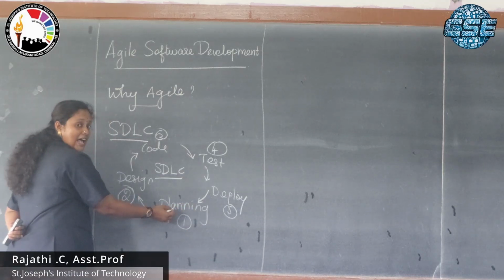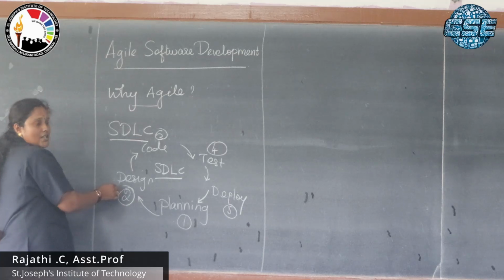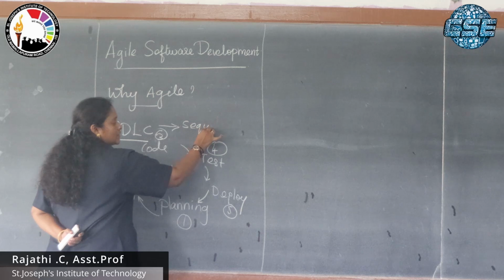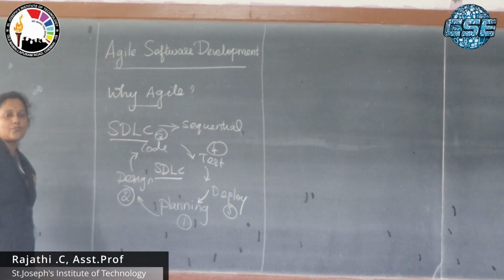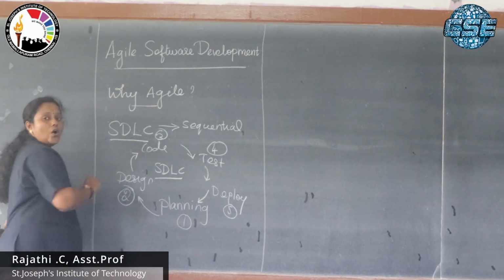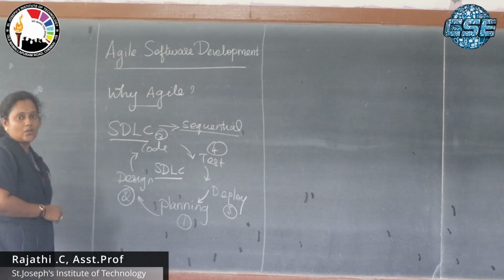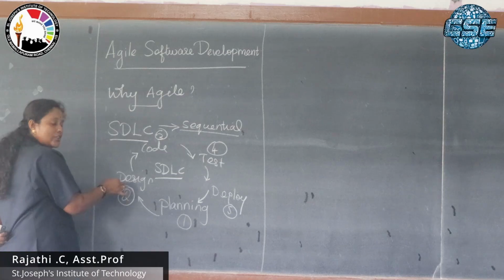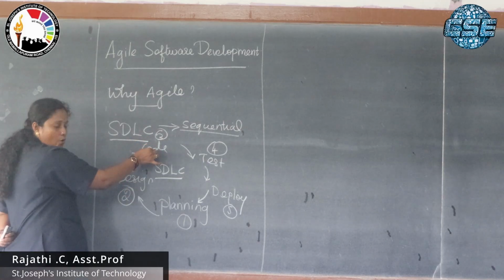Every phase has to be completed before beginning the next stage, so the traditional software development life cycle follows a sequential order. The disadvantage of this sequential methodology is that once I complete planning, only then do I move to the designing phase, and then to the coding phase.